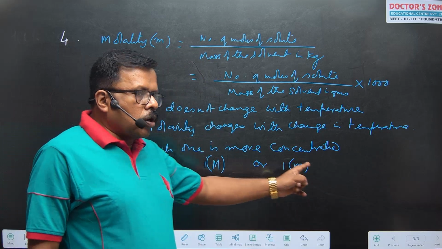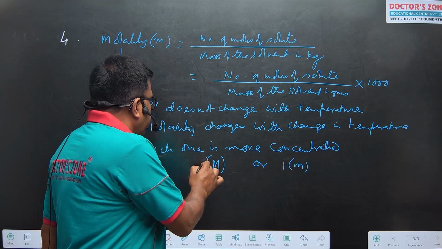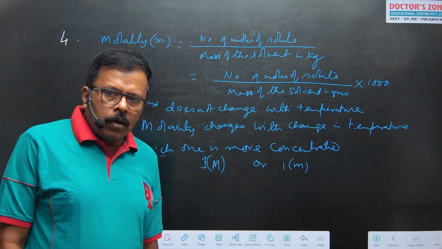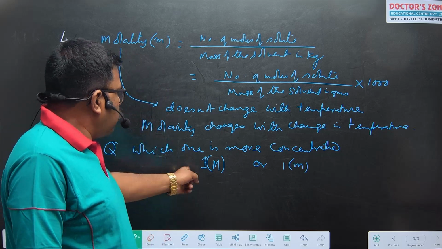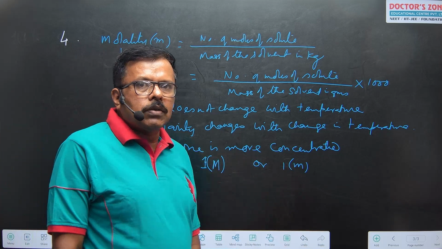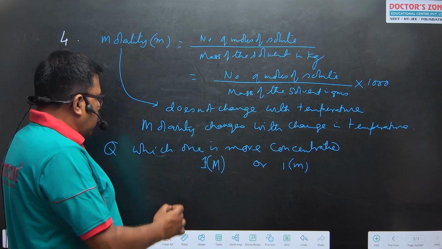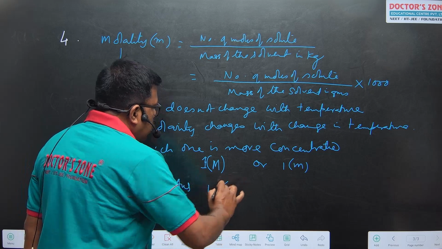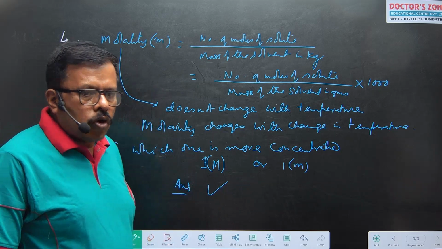Which one is more concentrated? It's a very good question. One molar and one molal, which one is more concentrated? And the answer is this solution, one molar solution is more concentrated.